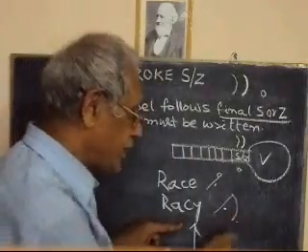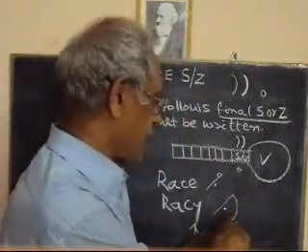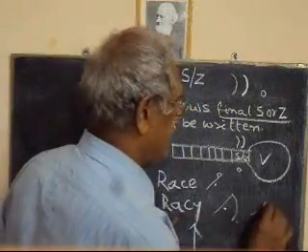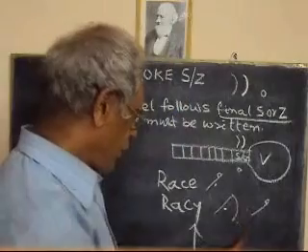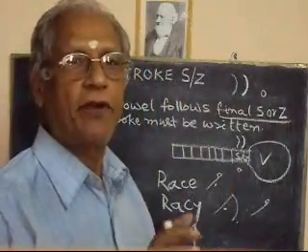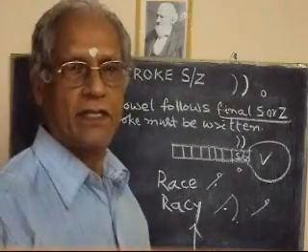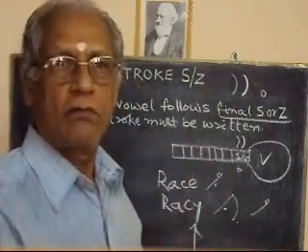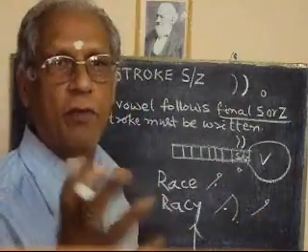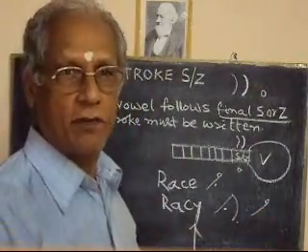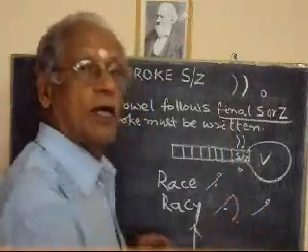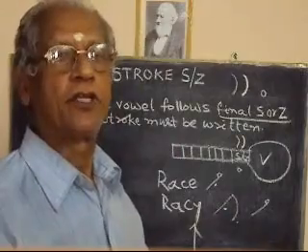In order to put the vowel sign, you will have to write the stroke. For an abbreviated form like the circle, there are no vowel places, just like a stroke consonant. Therefore, you will have to compulsorily write the stroke.